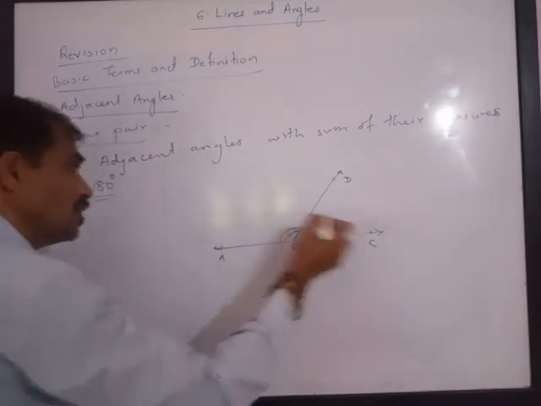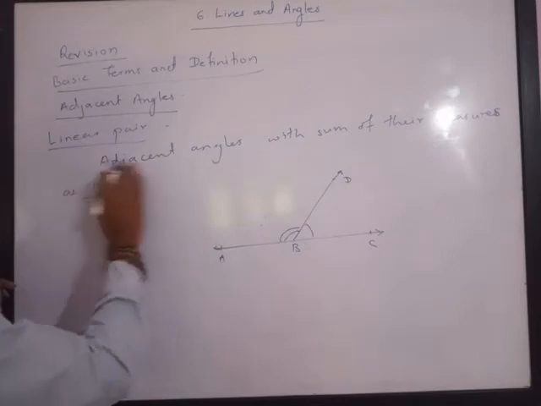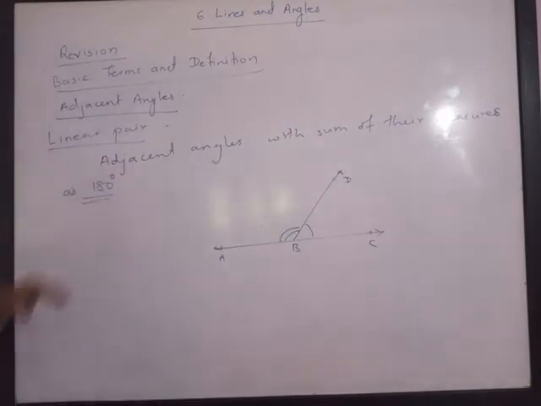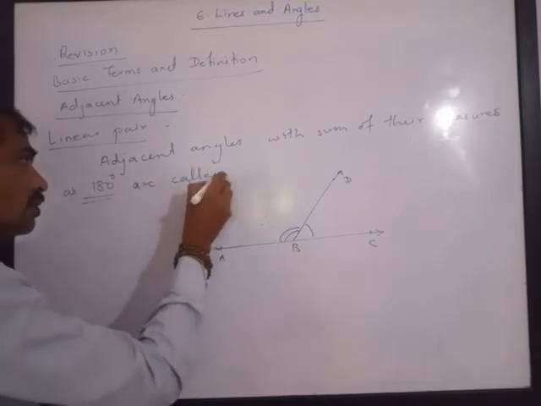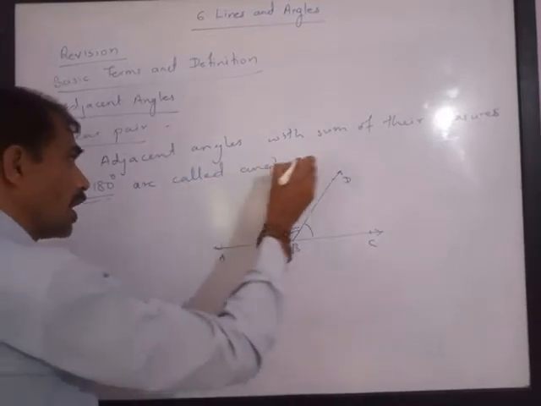If the sum of these measures is 180 degrees, then adjacent angles with the sum of their measures as 180 degrees are called angles in a linear pair.